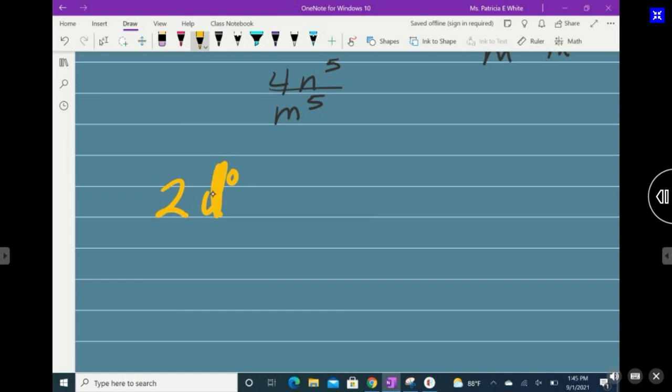V to the second times u to the third times v to the negative 3. All right, what's my first move going to be? How am I going to set this up? The negative... All right, so I have 2 v to the second, u to the third in my numerator, and I have v to the third in my denominator.